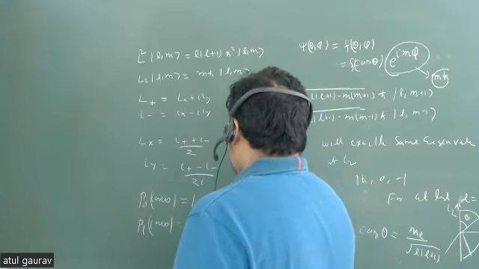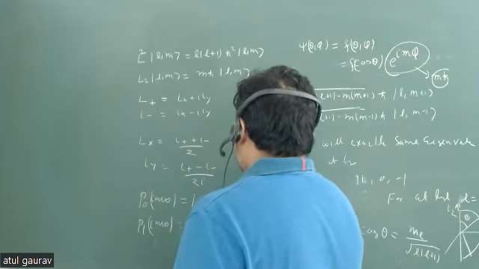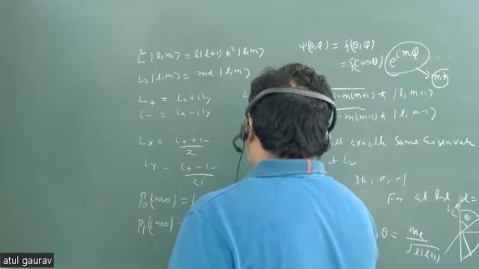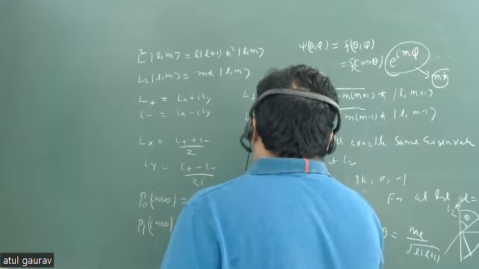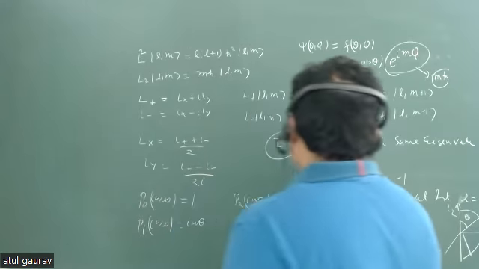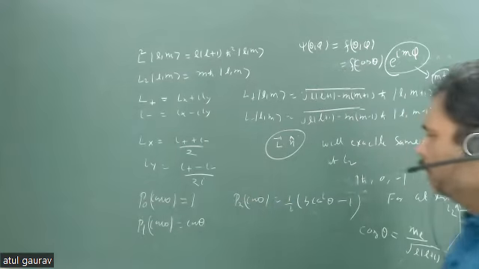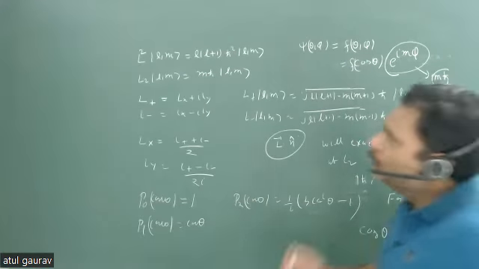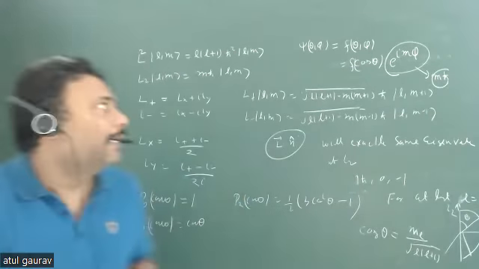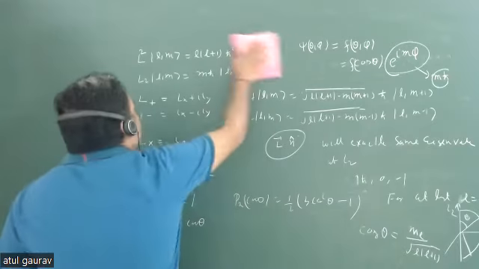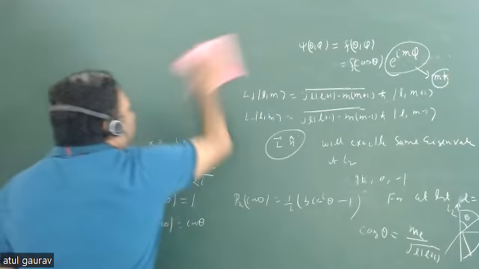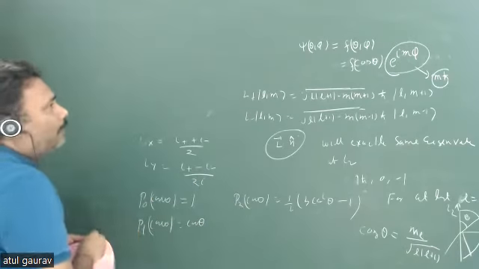Half into 3cos²θ - 1. Very good. P2(cos θ) is equal to half of (3cos²θ - 1). Are you getting my point? So suppose a question comes in your exam like this. This is very interesting. And what is your spherical harmonics?